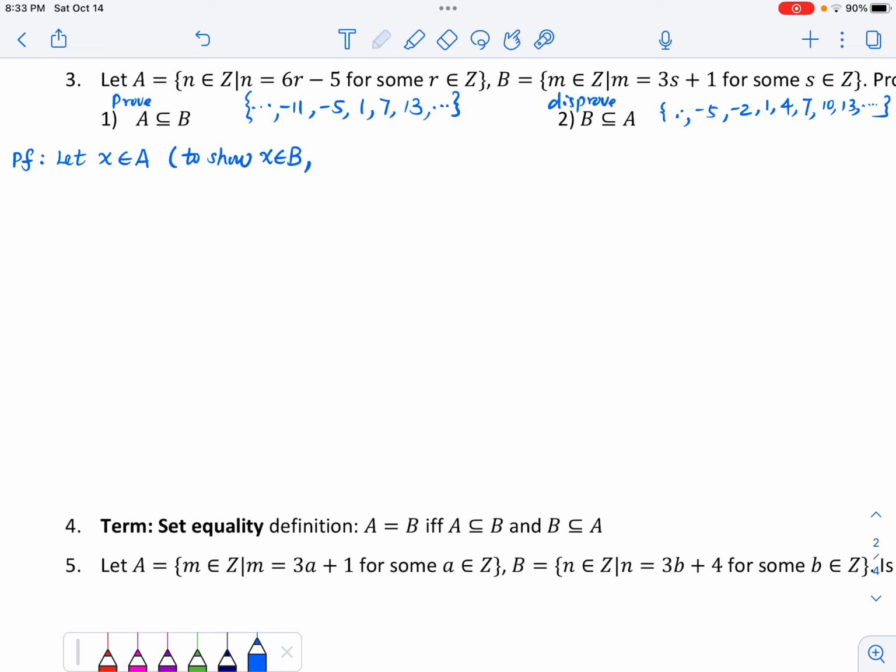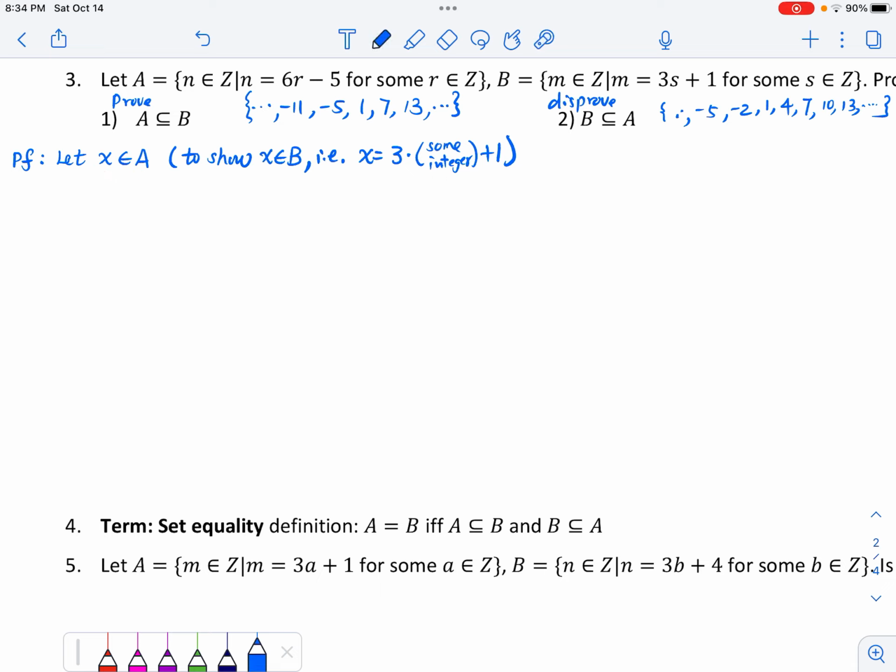So if I can show that x is equal to 3 times some integer plus 1, then I can say that this x has to be in B, because that's how B is defined. That's really my goal. I want to show that x chosen from A can be written in this form.